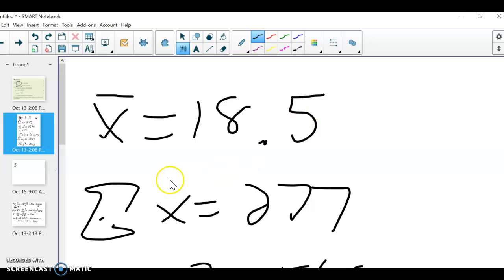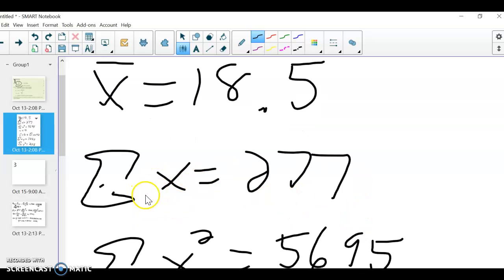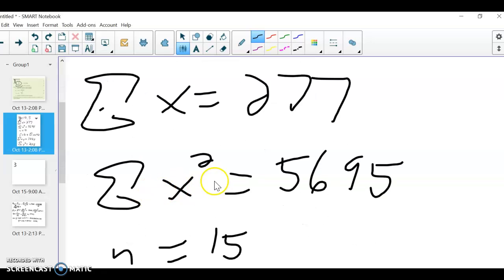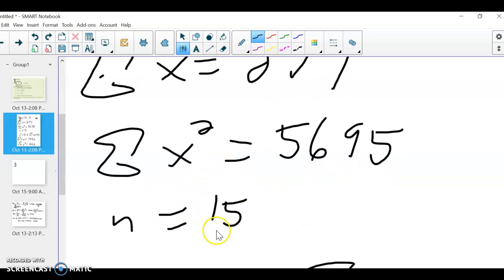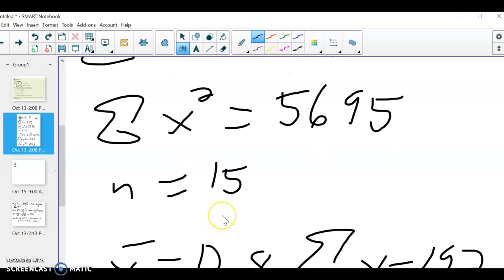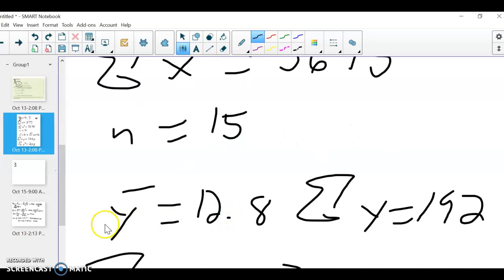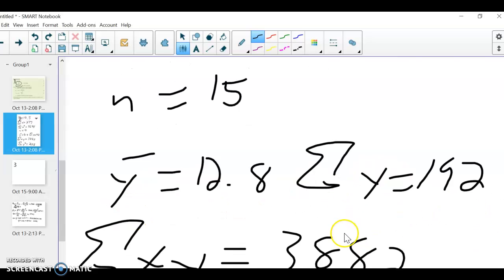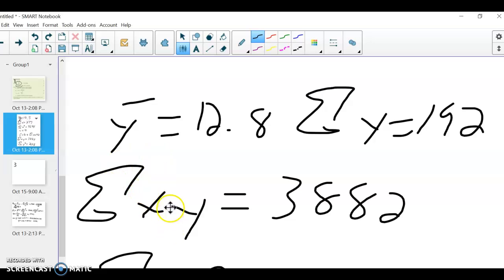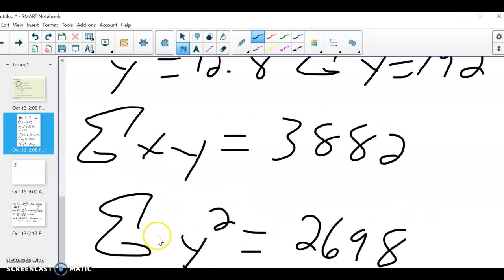So here's x bar, here's the sum of x, here's the sum of x squareds, there's n, and we already knew n was 15 data points, but it also tells us that again. Here's y bar, that's the mean of y. Here's the sum of the y's. Here's the sum of xy. And then here's the sum of y squared.